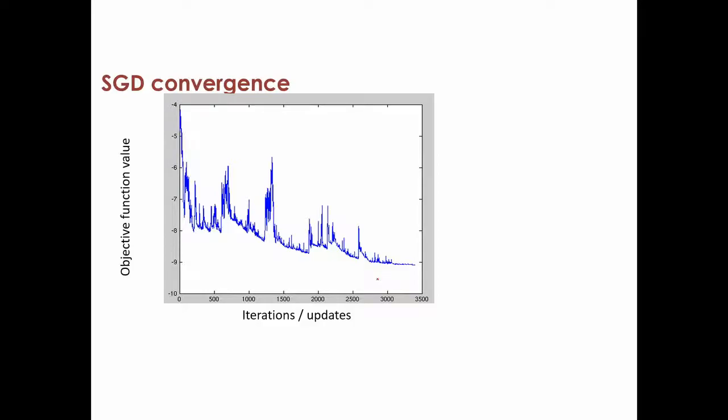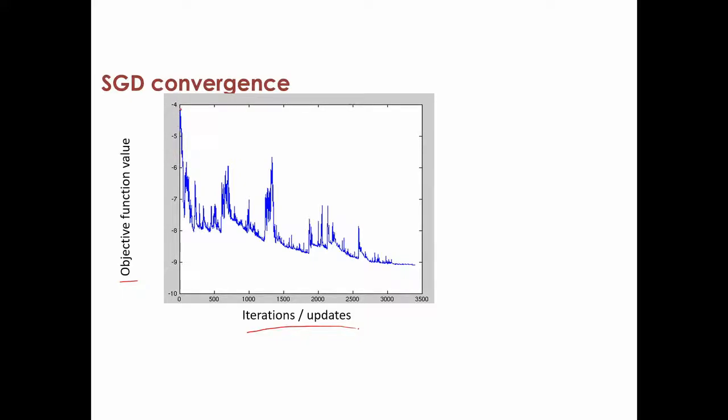So this is a sample plot of a run of an SGD algorithm. On the x-axis are the iterations or the updates, and on the y-axis are the objective function values. You can see there is randomness.